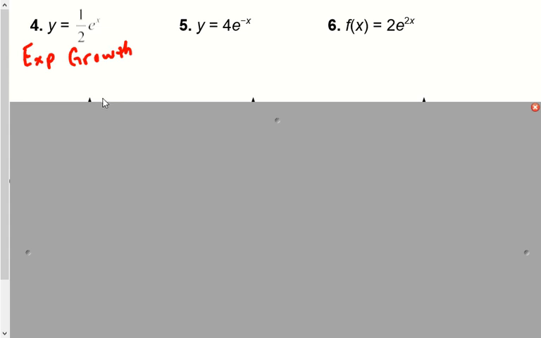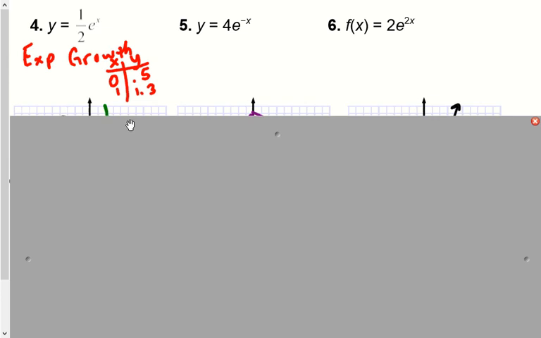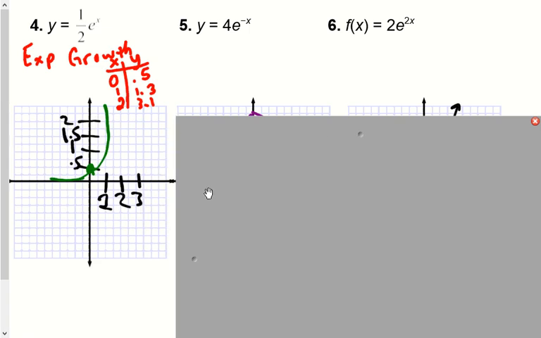If we put that in our calculator and draw a table that's kind of squished, we're going to get approximately 0 and 0.5, 1 and 1.3, and then 2 and around 3.1. Plotting those points will give us this graph here. The numbers are wrong on, oh no they're not, that's a 1. It doesn't look like it, but it is.